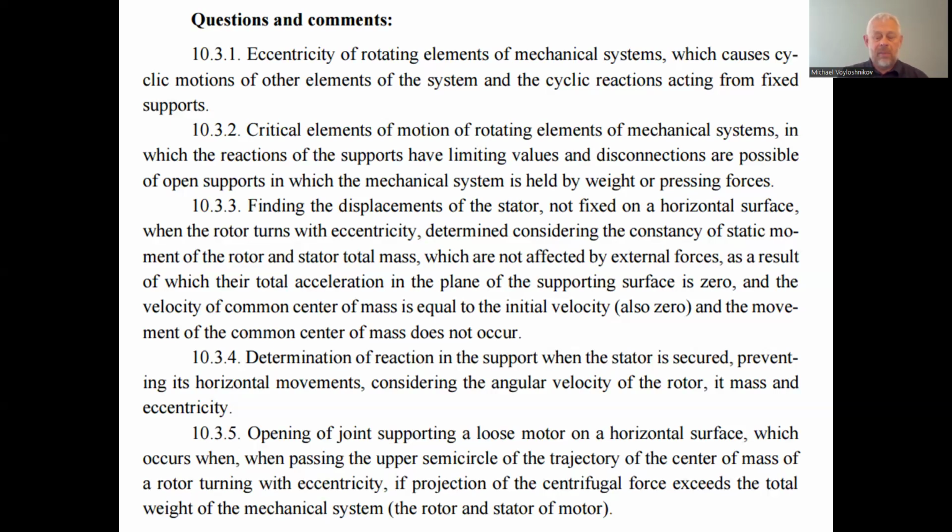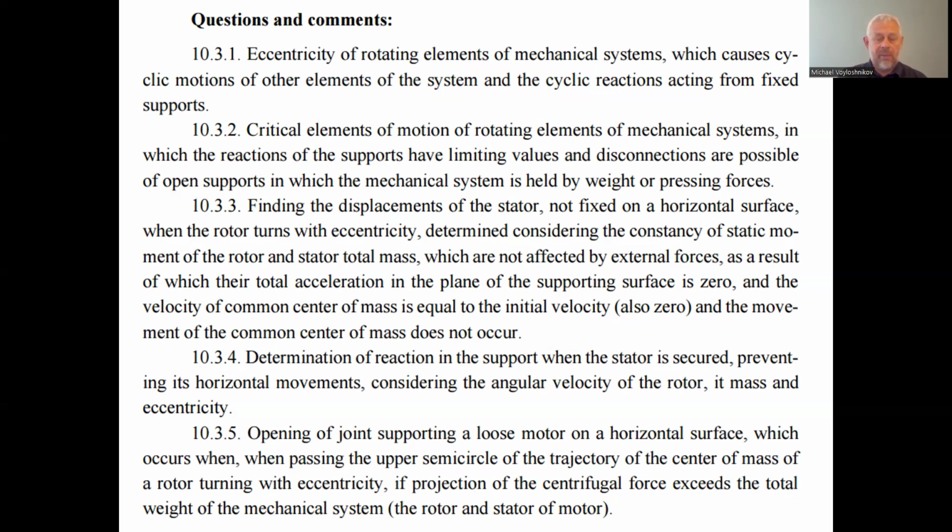And if the system is secured, we have the force in the projection on the horizontal axis or vertical axis in the equation of action on the mechanical system. We can find the force required to limit the motion in any direction, using the theorem of the motion of the center of mass of the mechanical system.